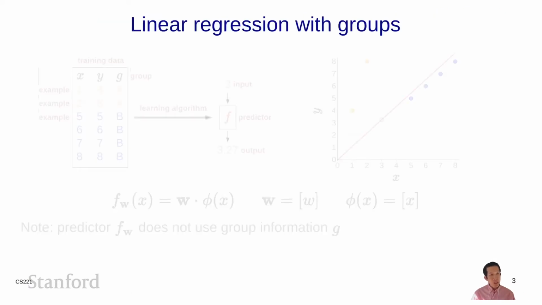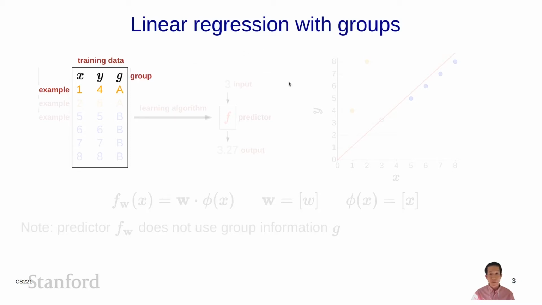So Gender Shades was an example of classification, but to make things simpler, let us consider our friend linear regression. So recall in linear regression, we start with a training set which consists of examples. Each example has an input x and output y. But in our case, we're going to assume each example is also annotated with a group g.